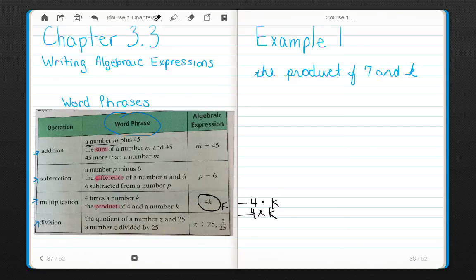Okay? Now, division can sometimes seem a little tricky at first. Quotient tells you to divide. So the quotient of a number z and 25. In division, the first number in the statement or variable is always your dividend.